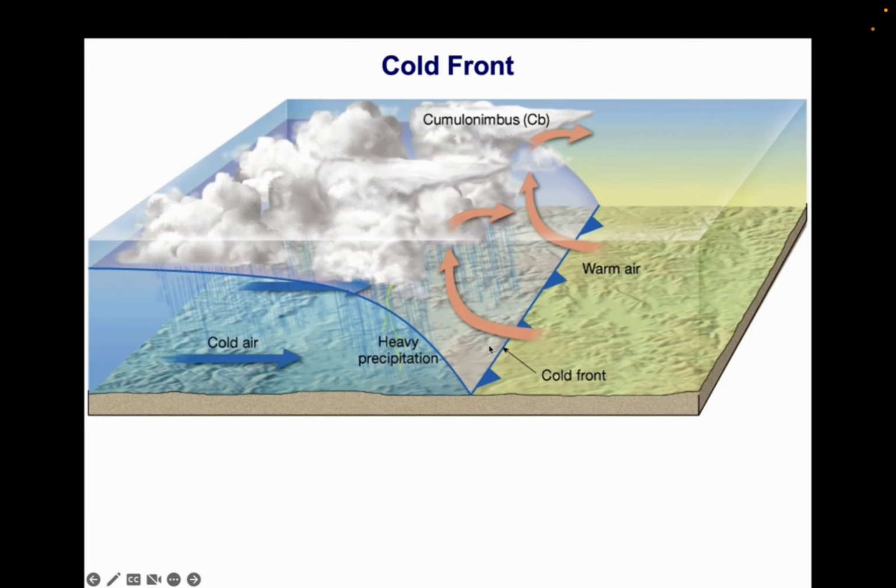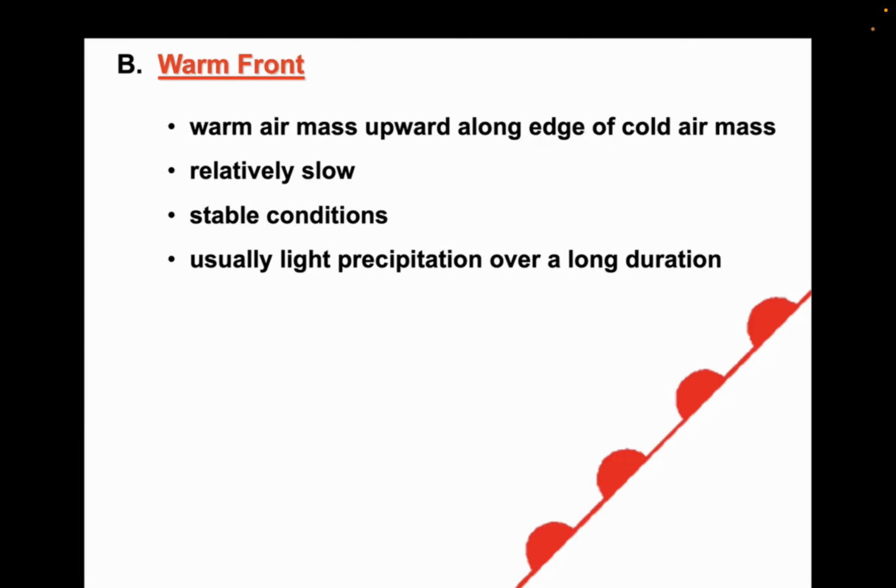Typically, when you see cumulonimbus clouds here in Atlanta, a relatively cold air is pushing the warmer, moisture-rich air vertically into the atmosphere, and as a result, it's typically associated with heavy thunderstorms.